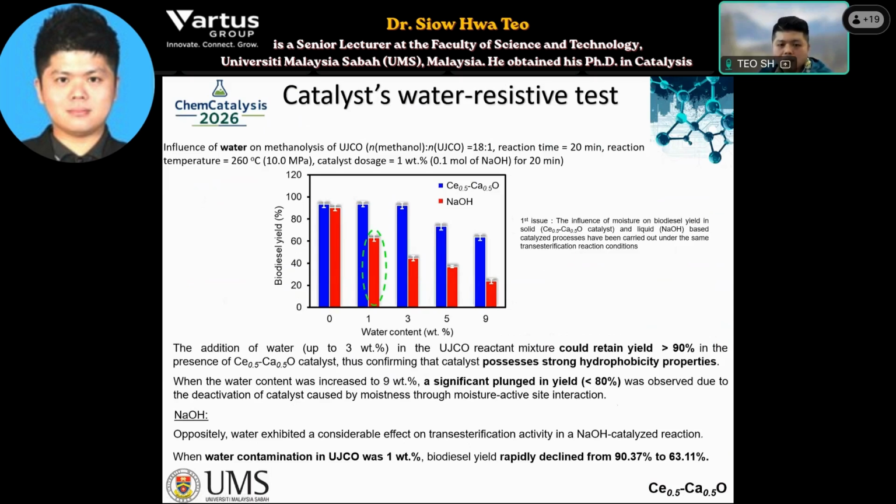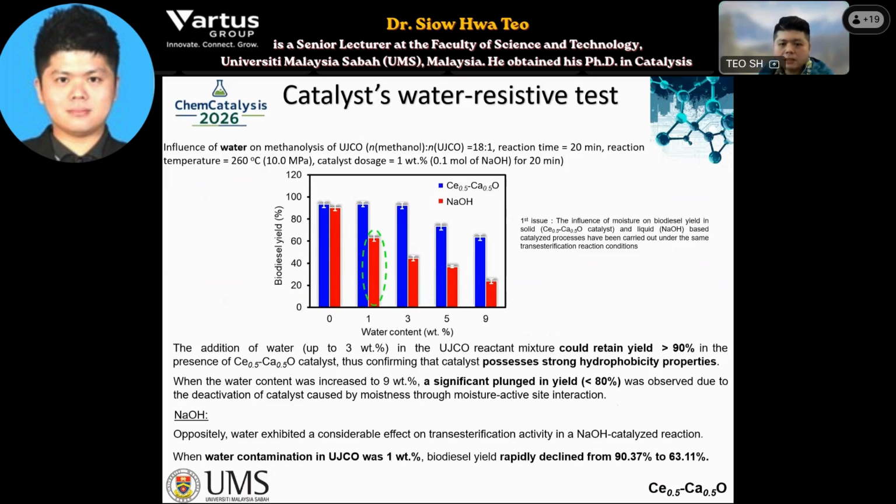In contrast, the sodium hydroxide catalyst was highly sensitive to water contamination. Even at only 1% water content, a significant reduction in biodiesel yield was observed.